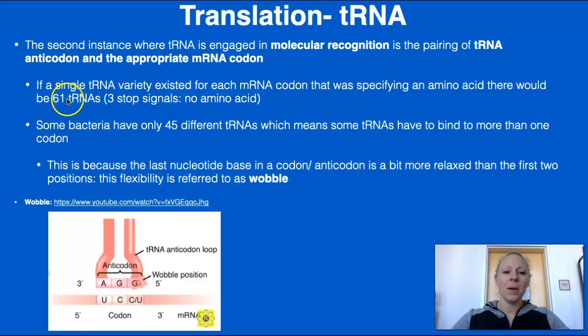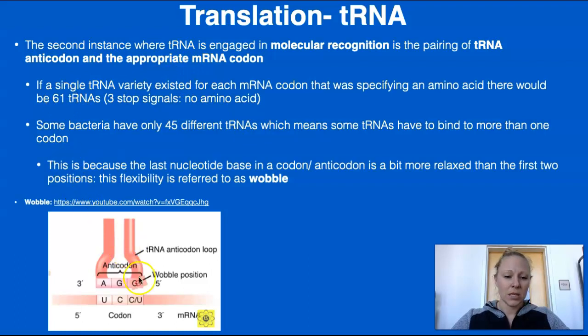So there would be about 61 tRNAs. However, some bacteria have only 45 different tRNAs. So how is it that there are only 45 tRNAs while there are 61 codons?